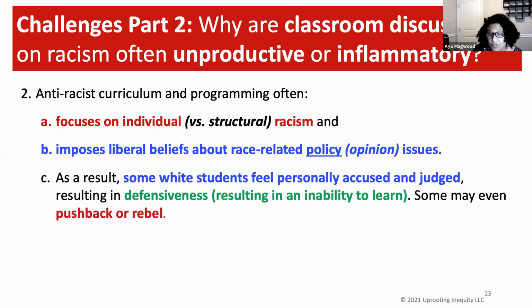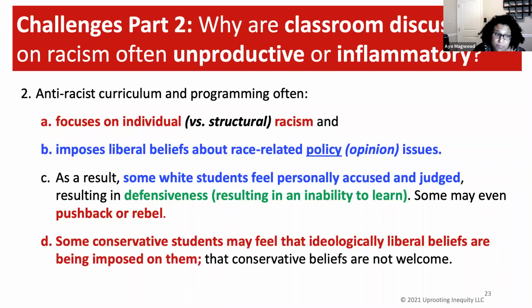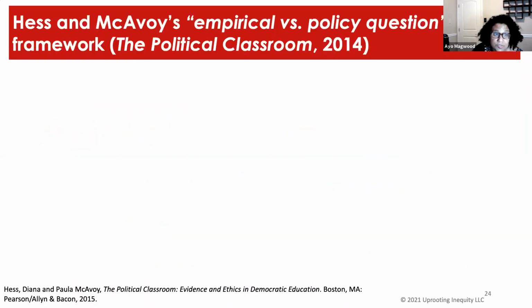As a result, some white students feel personally accused and judged, resulting in defensiveness, resulting in an inability to learn. Some may even push back or rebel. And some conservative students may feel that ideological liberal beliefs are being imposed on them, that conservative beliefs are not welcome. So to solve this problem, Hess and McAvoy recommend a distinction between empirical versus policy questions.